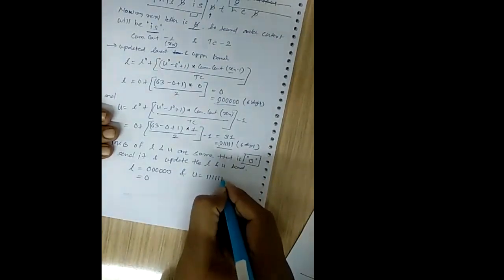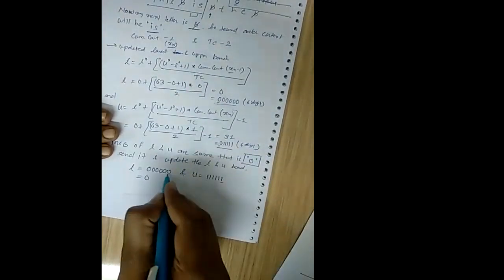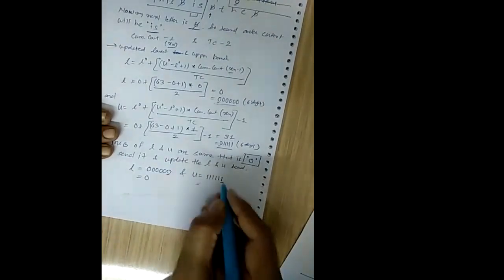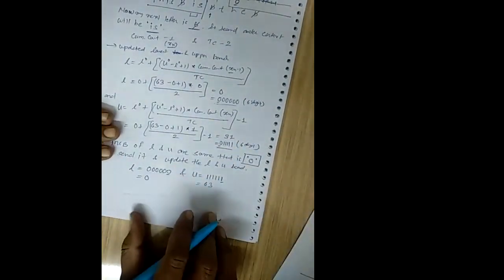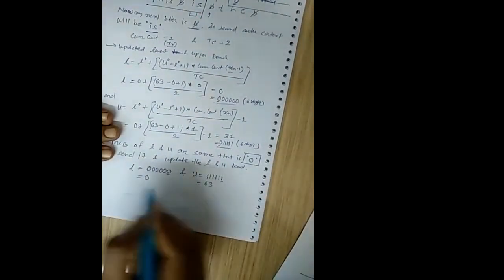So now the next updated symbol is this one. So what about U? U will become 63. So here you can write down some sentence if you are not understanding that part.